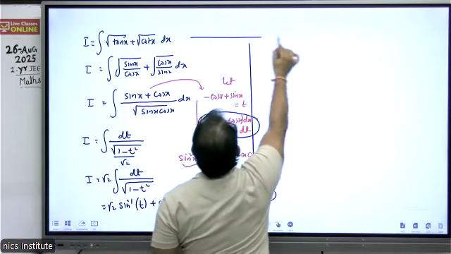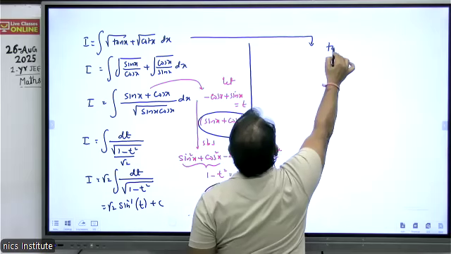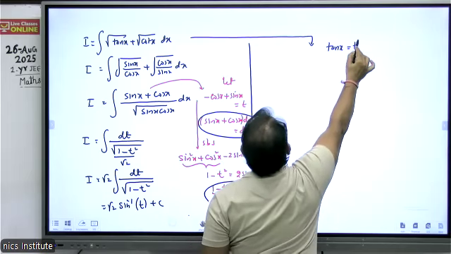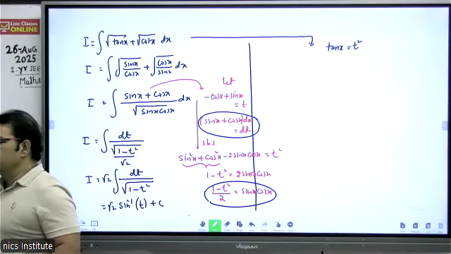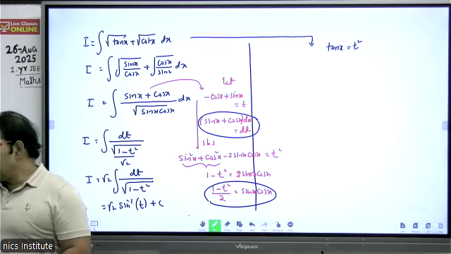We'll answer it by the second method. In the second method, we'll substitute tan x as t square. Try yourself, second method. Answer by substituting tan x as t square.